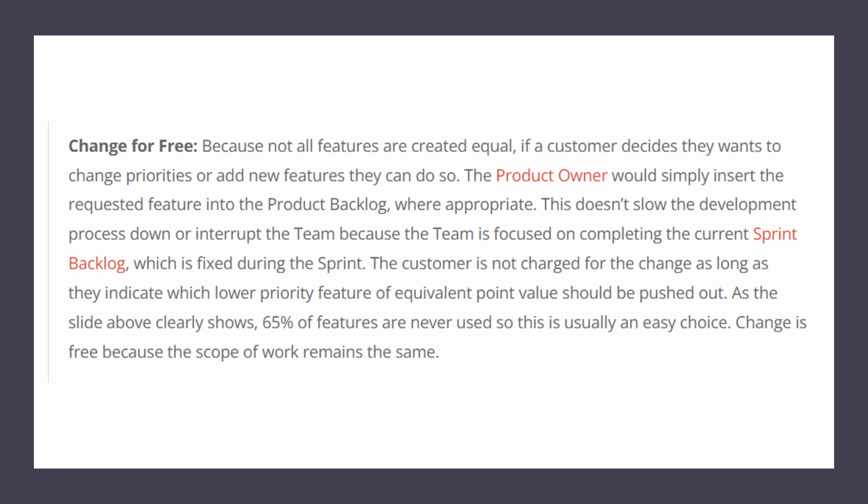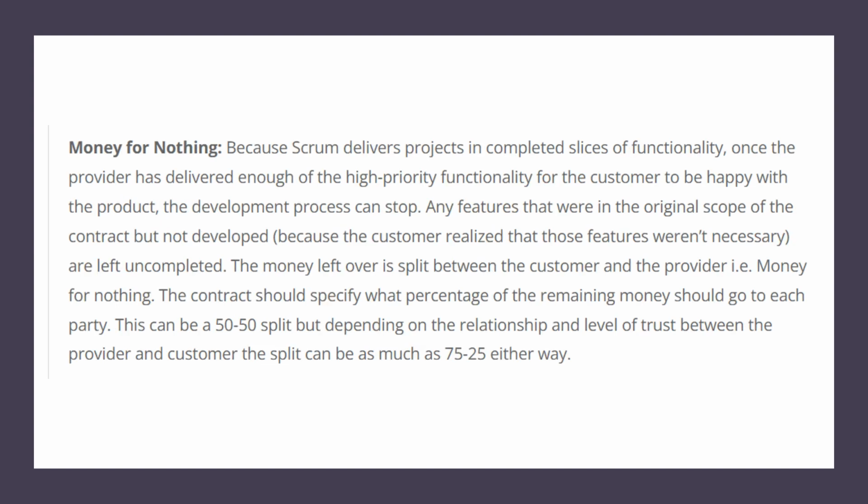And when they go for a sprint, the equivalent amount of low priority items are pushed out. Since your scope remains the same, it becomes change for free, money for nothing.